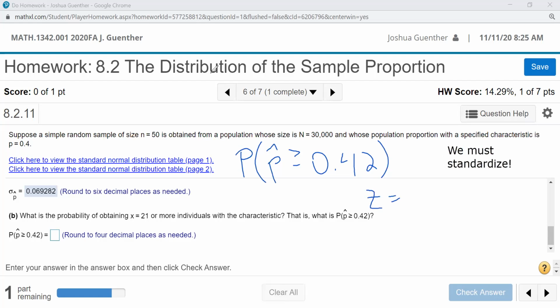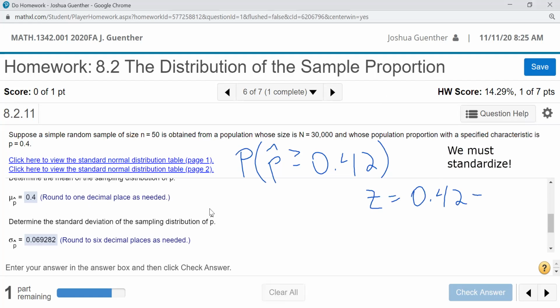The p-hat we use is 0.42. We subtract off the mean of this sampling distribution, which we already said was the 0.4, according to that formula we did. Then we need to divide by the standard deviation of this sampling distribution, which is what we just calculated here.